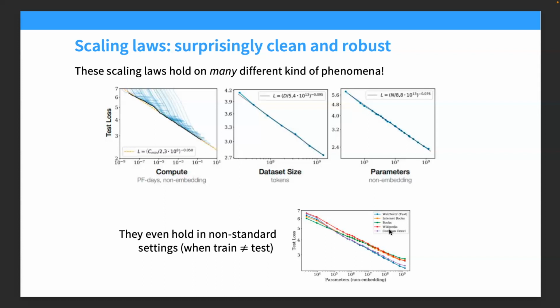So basically your training dataset hasn't seen the test set before, and it still follows the same linear line for the test loss of the new unseen test set. So it's pretty magical to me, and it seems that they all follow a similar slope, but the intercept is kind of different.